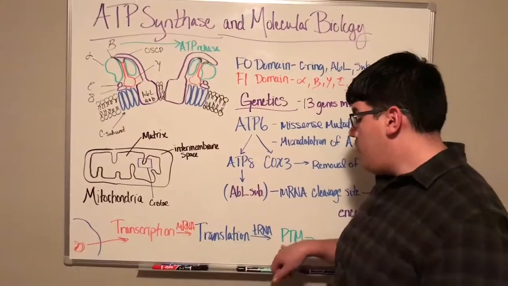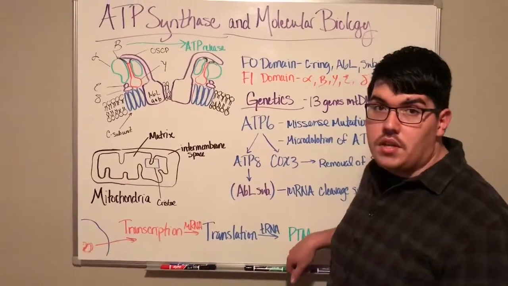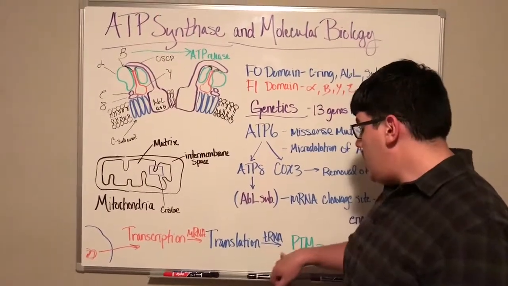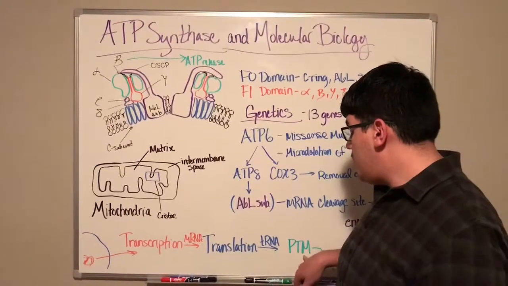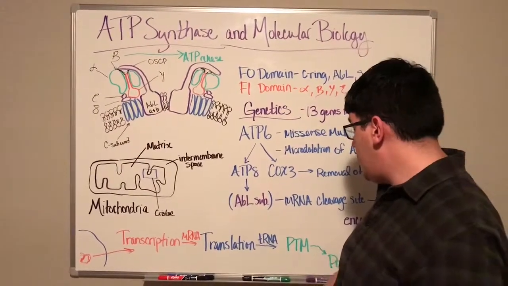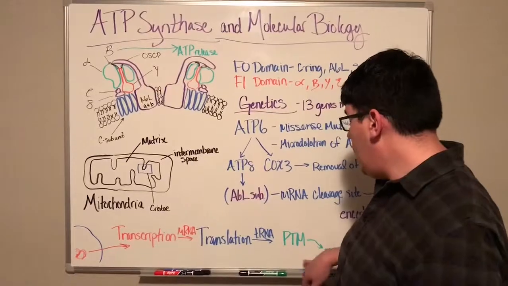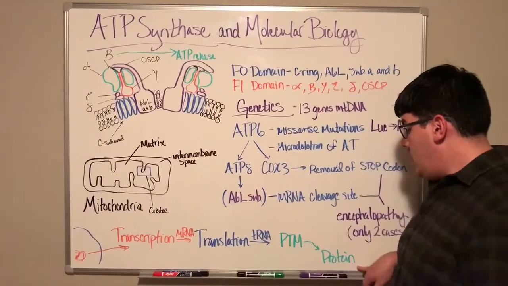And later on, post-translational modification occurs in the Golgi apparatus and the endoplasmic reticulum, and then finally forms protein.